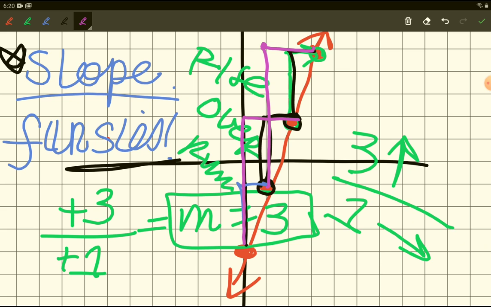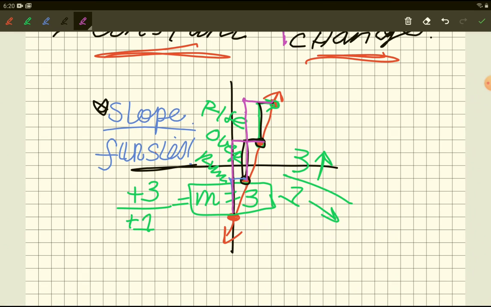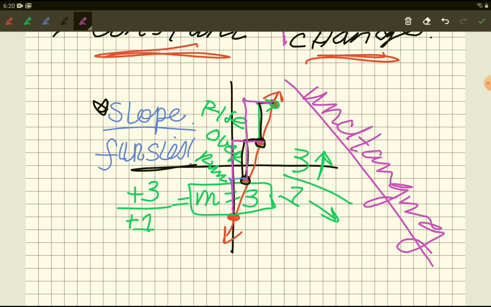So that's what I mean by constant. It is unchanging across the board for linear equations. The slope does not change. It is the same no matter where you are.